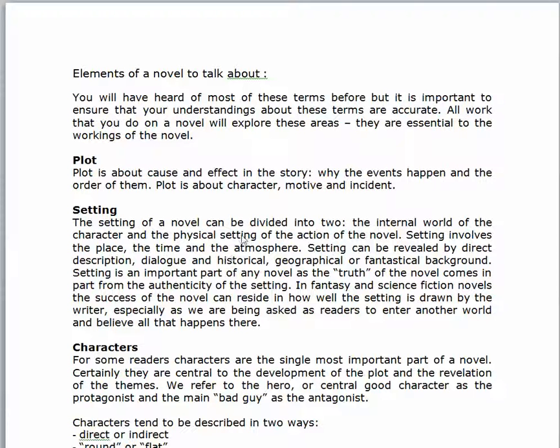Setting can also be in the mind of a character, and it can be revealed in many different ways. It can be described, and in both novels that you are studying it is described, but it can also be historical or geographical. It could be a fantasy, but you are not looking at novels with fantastic background. We talked about Harry Potter.